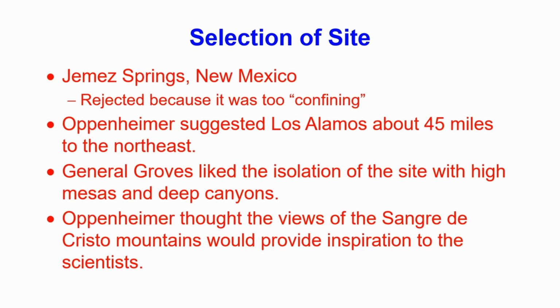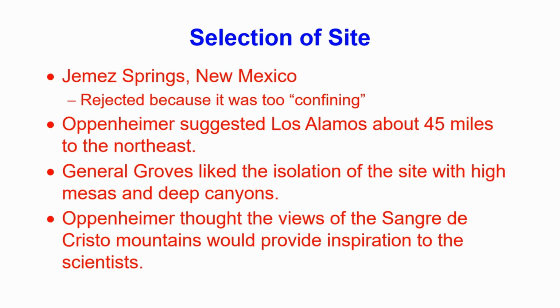And one of the places that was suggested was Jemez Springs in New Mexico, which is northwest of Albuquerque. Jemez Springs is a very narrow valley up through the Jemez Mountains. And when they went there, it was immediately rejected because it was too confining, there wasn't enough water, access was difficult.